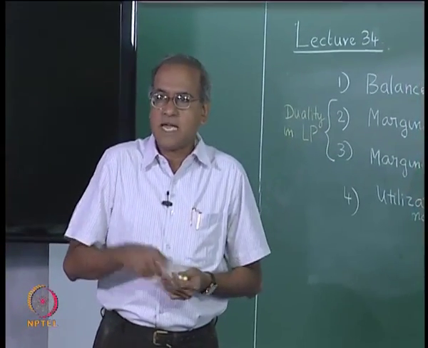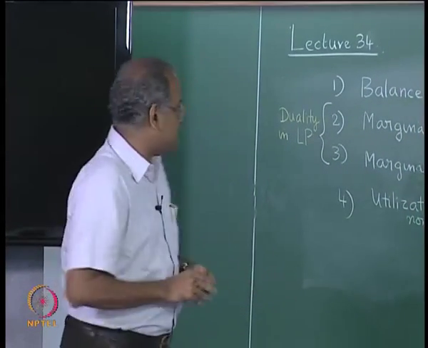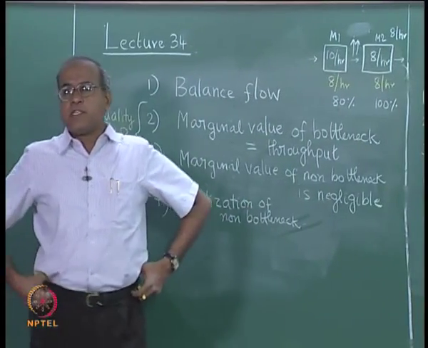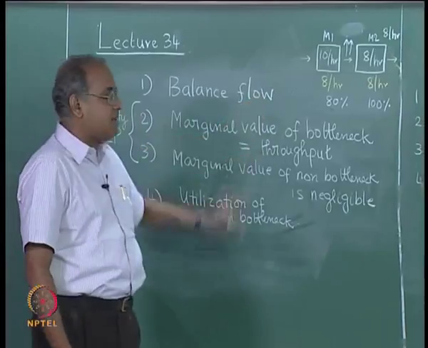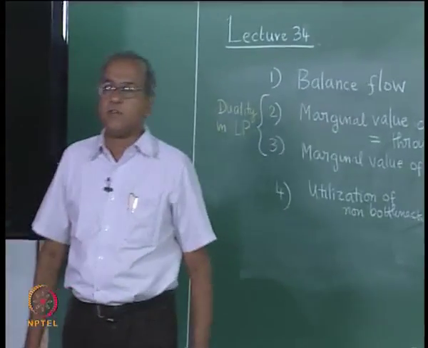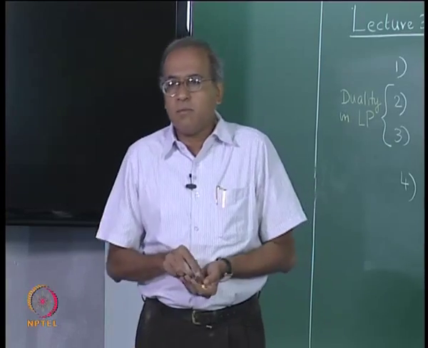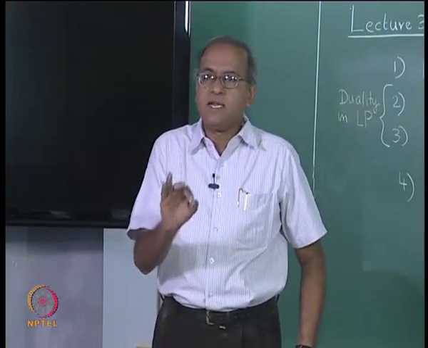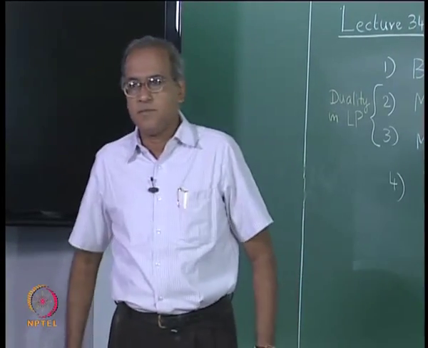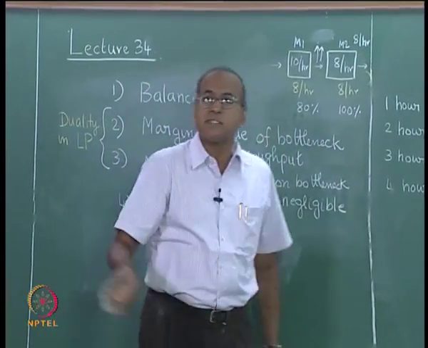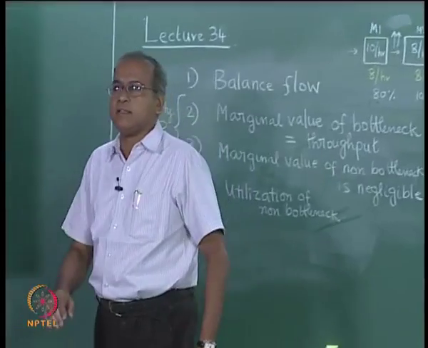We will not introduce activation at this stage, since we are in SM4. Because of the first principle, this will produce 8 per hour, so its utilization will come down because it is a non-bottleneck. So, non-bottlenecks will have less than 100% utilization, and this number will depend on some other constraints in the system.